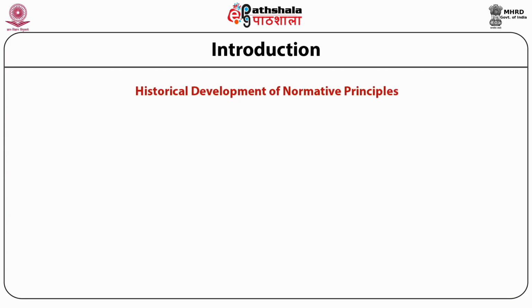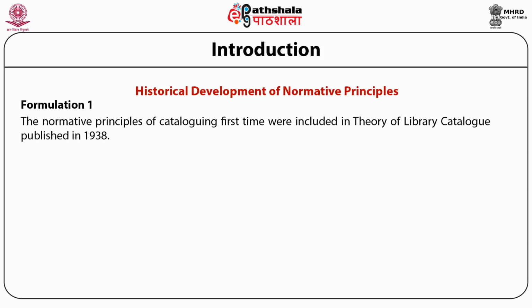Historical development of normative principles. These normative principles were developed in different stages, and formulation 1 is as follows. The normative principles of cataloging were first included in Ranganathan's Theory of Library Catalogue, published in 1938, and there were only 6 canons as enumerated below.